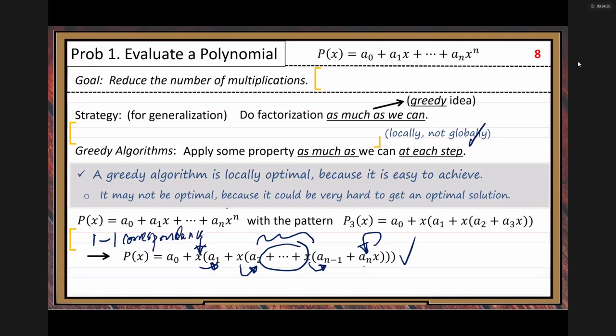One-to-one correspondence tells us that when we count the number of multiplications, that's the same as counting the number of corresponding subscripts. What are those corresponding subscripts? 1, 2, consecutive integers, dot, dot, dot. Here we don't worry about the dot, dot, dot, because with consecutive integers, we won't get lost.